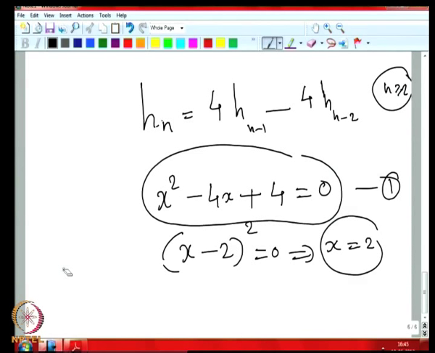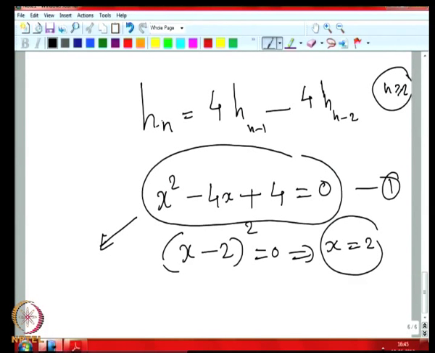Therefore, we do not have 2 roots, minus p by 2 will be the only solution we get there. So otherwise we say that the solution x equal to 2 has multiplicity 2 here.